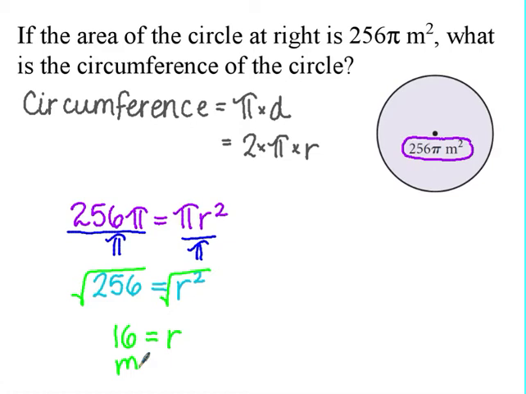Now I'm going to plug that into my equation right up here where it says radius, and I'm going to plug in 16. When I do that, what am I left with? 32 pi meters. That's what the circumference is.